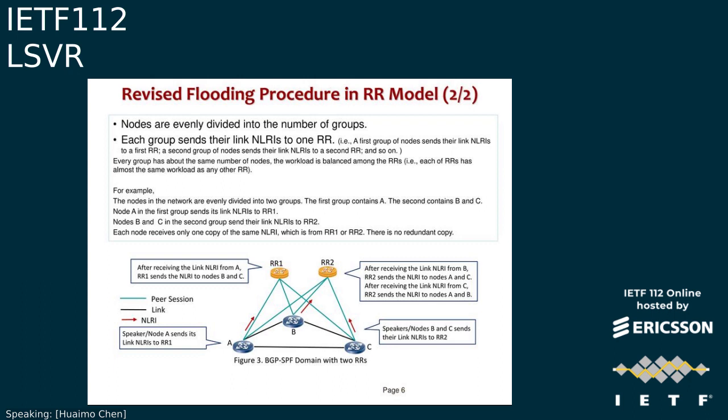For example, the first group will send its link states to the first route reflector, the second group will send its link states to the second route reflector, and so on. Since we evenly divide the nodes into groups, the workload is balanced among all the route reflectors. Next page.